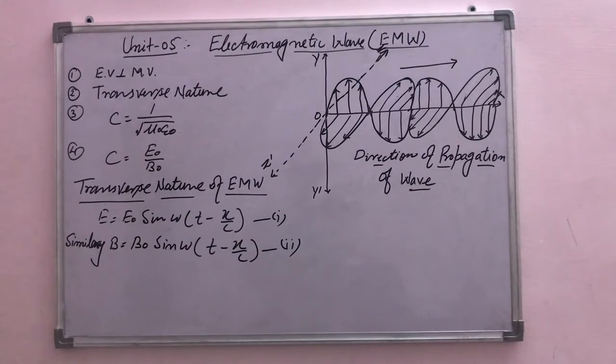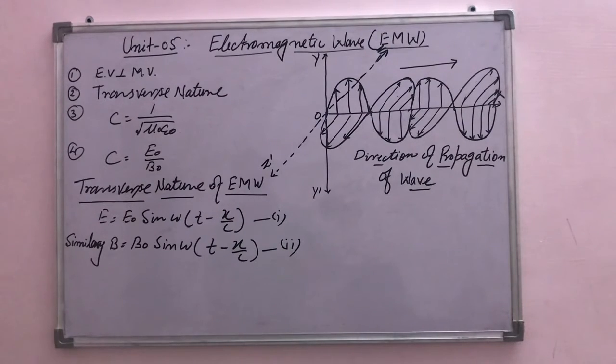So the first property can be written from the definition of the electromagnetic wave, and that is property number 1: electromagnetic wave propagates in the form of varying electric and magnetic fields such that the two fields are perpendicular to each other. Similarly, point number 2, the electromagnetic waves are produced by accelerated charges.